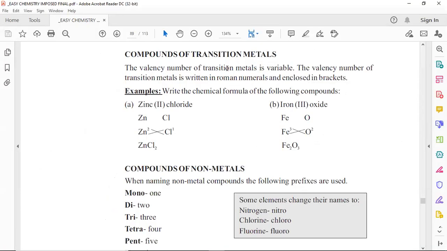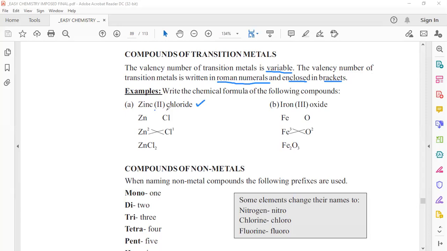So the valence number of transition elements is variable, meaning it's not permanent, it keeps on changing. And the valence number of transition metals is written in Roman numerals and enclosed in brackets. We have an example right here. So zinc(II) chloride.